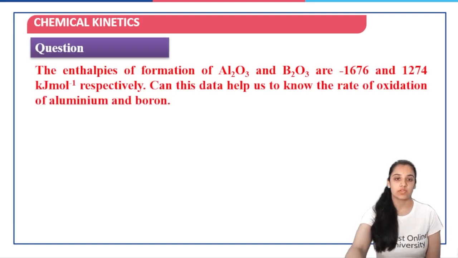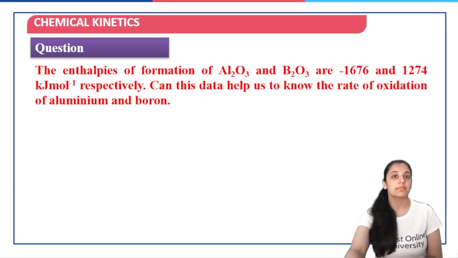Okay, let us do a question here. The enthalpies of formation of alumina, that is Al2O3, and B2O3, are minus 1676 and minus 1274 kilojoules per mole respectively. Can this data help us to know the rate of oxidation of aluminium and boron?